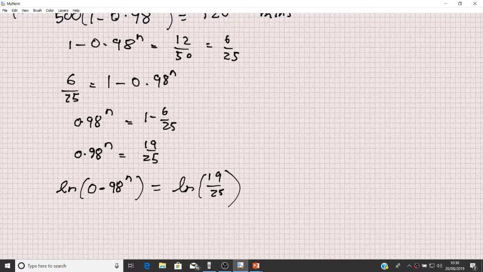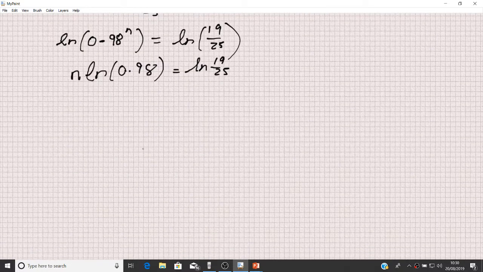And I'm then going to bring the power n down using my logarithm rules. So n times ln 0.98 equals ln 19 over 25. And the final step before I take out the calculator is n equals ln 19 over 25 divided by ln of 0.98.